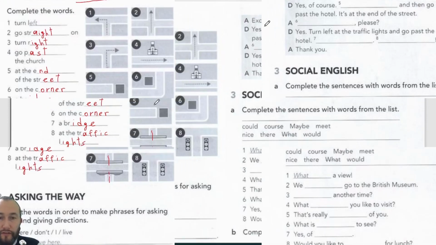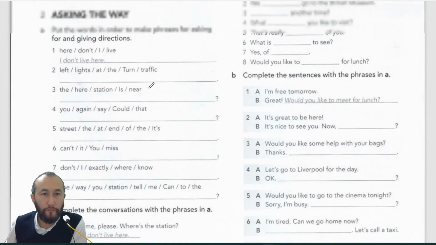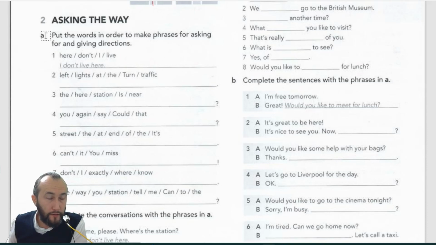Now let's move to exercise 2. Asking the way, right? So A is asking us to put the words in order to make phrases for asking for and giving directions. Asking directions and giving directions, right? So number 1 is done for us. I don't live here.